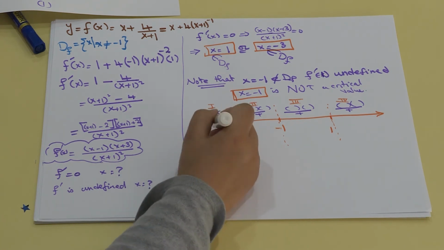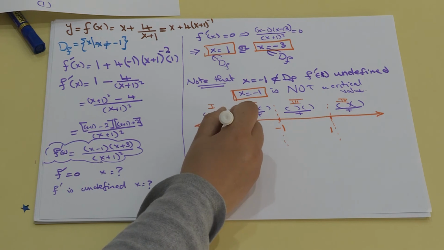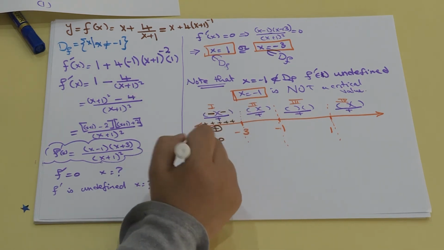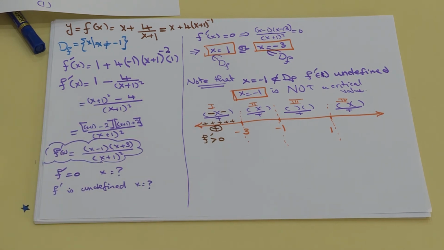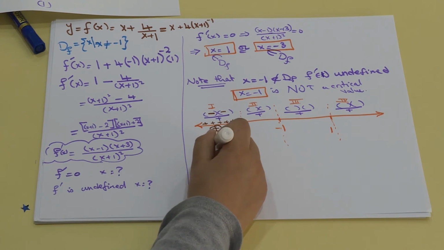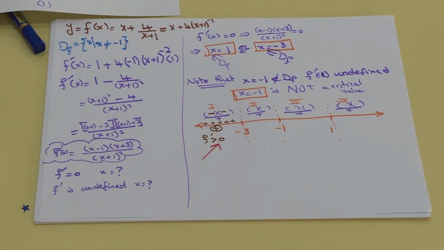Minus times minus tells us that everything here is positive. So on this interval, the first derivative is greater than 0. Tells us that this function is increasing or decreasing? Yes, first derivative positive, the function is increasing on this interval.